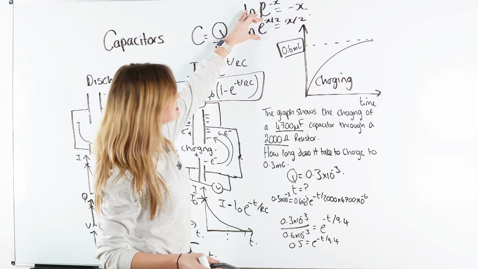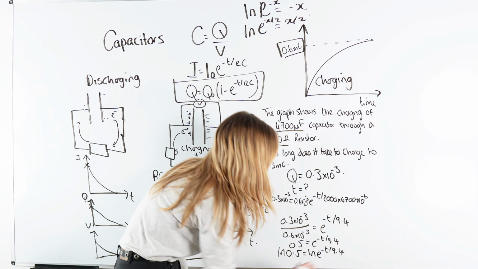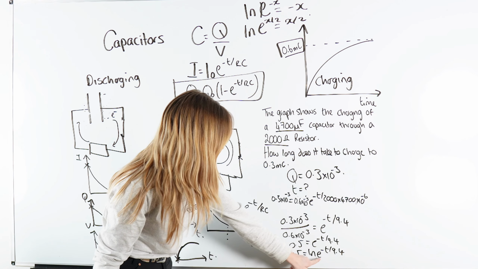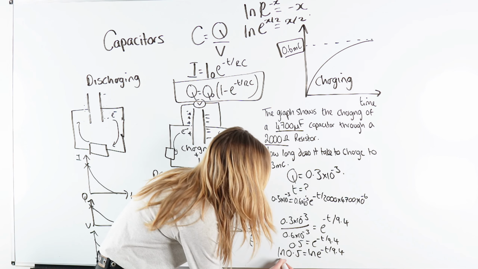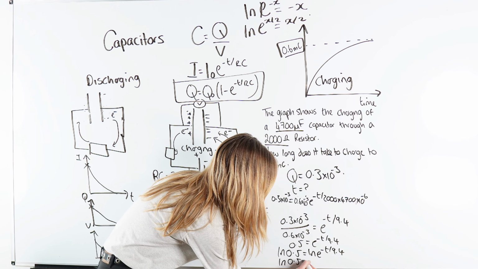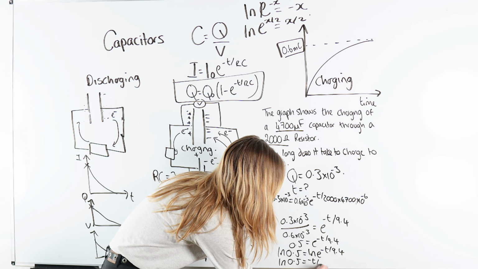So I'm going to take the natural log of both sides. So the natural log of 0.5 equals the natural log of e to the minus t over 9.4. We just said anytime you see the natural log of e to a power, it just becomes that power. So what I have now is the natural log of 0.5 equals minus t over 9.4. I haven't figured out what t is yet.